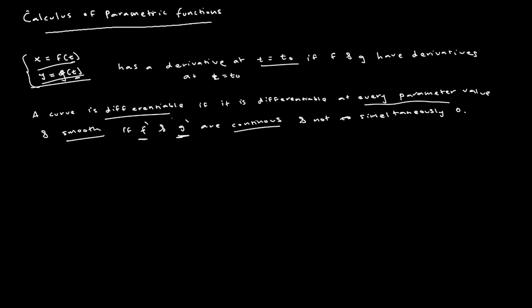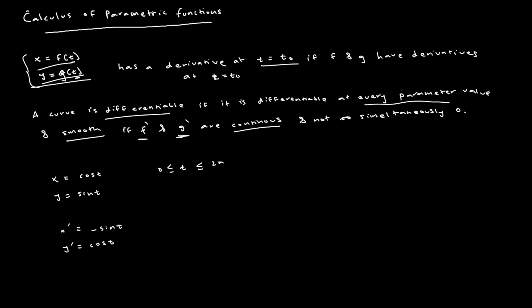And so let's just use an example. If you have x is equal to cosine t and y is equal to sine t, we're worried about the interval between 0 and 2 pi for t. Then we know that x prime with respect to t is simply minus sine t, and y prime is simply cosine of t.